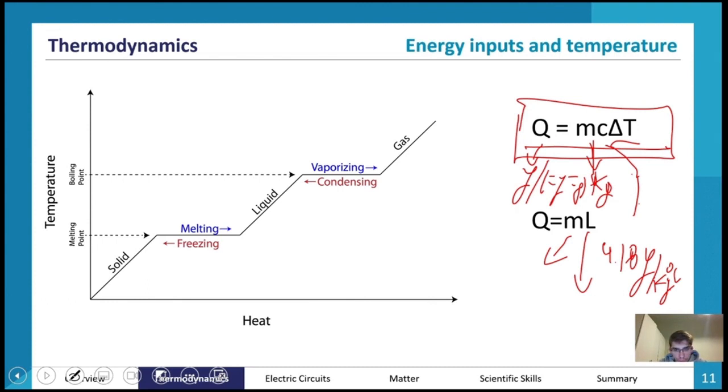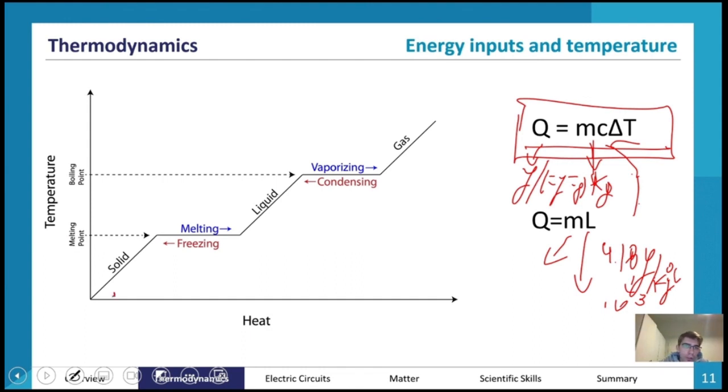Yes, you can use kilograms. It's 4.18 times 10 to the power of 3 actually, joules per kilogram degrees Celsius.